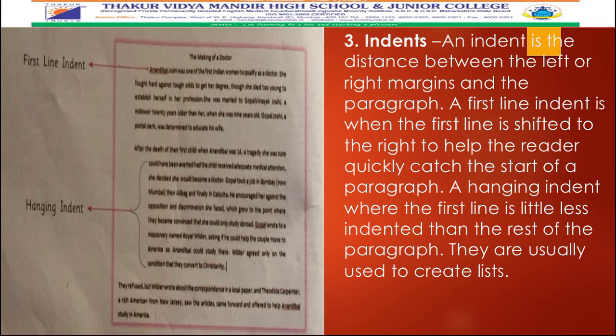Alternatively, we can specify a specific indentation by typing the number in the left and the right boxes. And then you click on OK. See, you can see in the picture how the first line indent and how the hanging indent look. This is the way once you apply the indent.